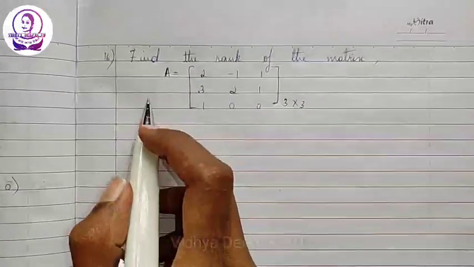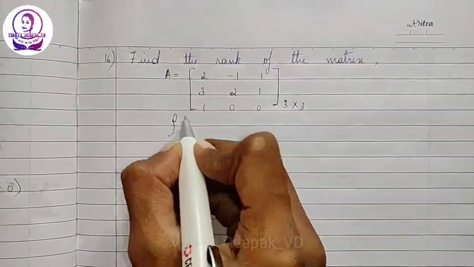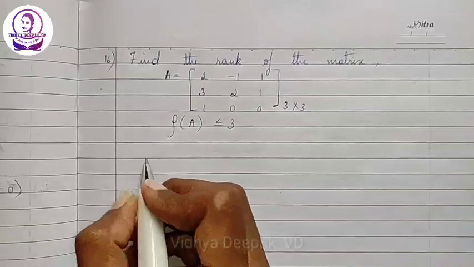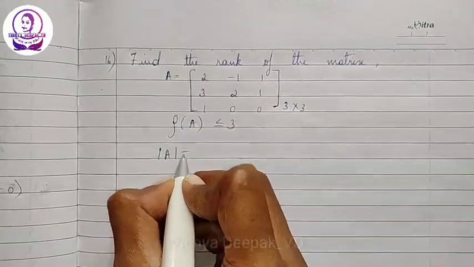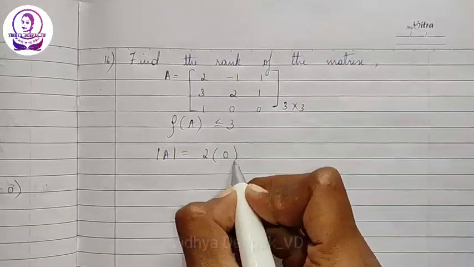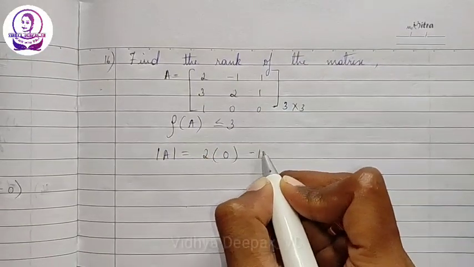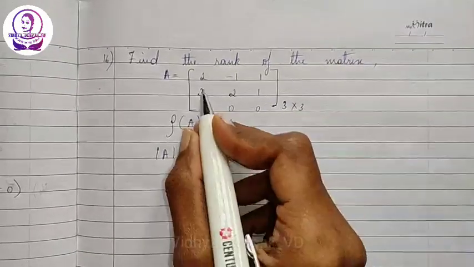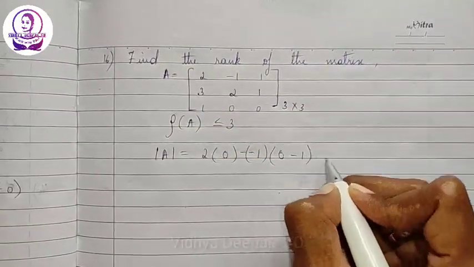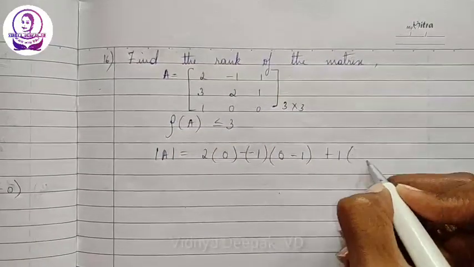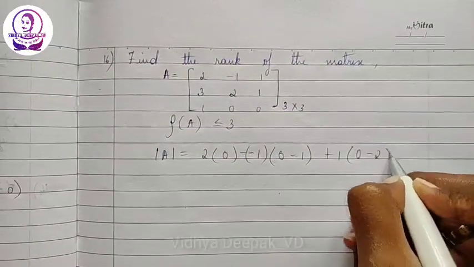Find the rank of the matrix A. So our conclusion is the rank will be less than or equal to the order. Now what is the determinant of this? 2 into 0 minus 0 is 0, minus of minus 1 into 3 into 0 is 0 minus 1, plus 1 into 3 zeros are 0, minus 2.